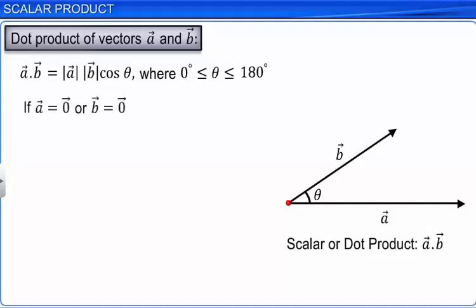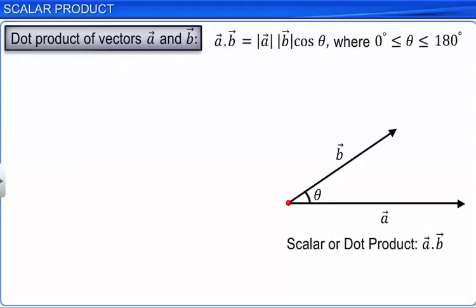If either vector A or vector B is a zero vector, then angle theta between them is not defined, and hence their dot product is 0. We know that the magnitude of any vector is a real number and that the cosine of angle theta is also a real number.